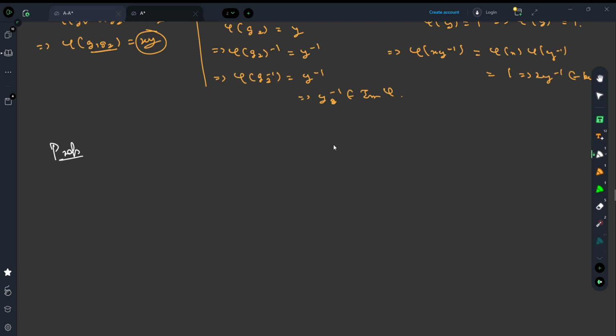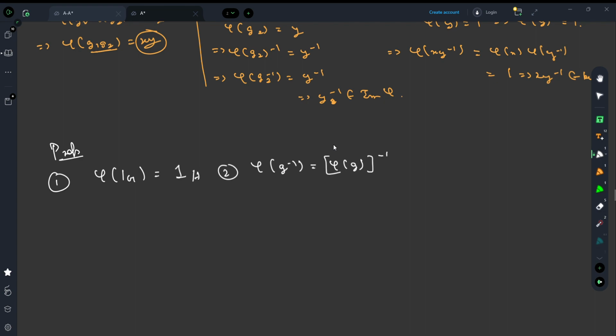Properties. Property number 1, that phi of the identity element in G is the identity element in H. Number 2, phi of g inverse is phi of g whole inverse.